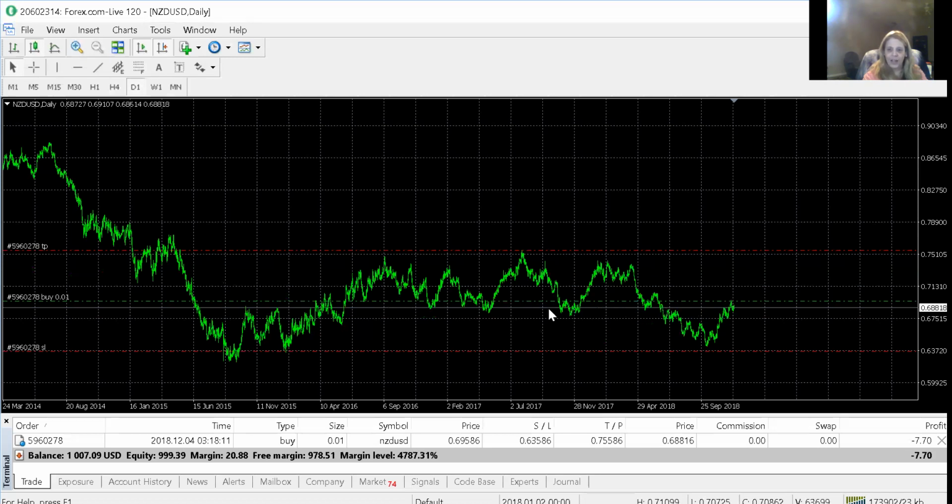Start over, I kind of goofed a little bit there. And it is right here. Right about here. So as you can see, it came up, it tested the support and resistance and retest, and it's turned down a little bit.